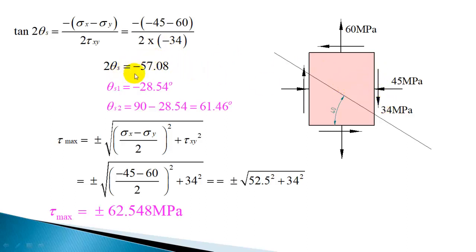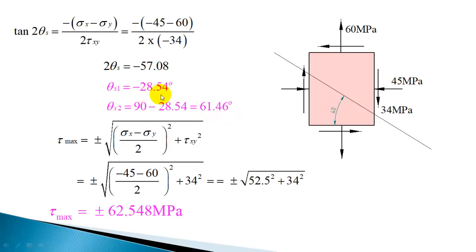So you'll get 2 theta s as minus 57.08, or theta s1 is minus 28.54, and after getting theta s1 you can find out theta s2 by adding 90 degree to this, that is 90 plus minus 28.54, or 61.46 degree. So these are the planes of maximum shear stress.